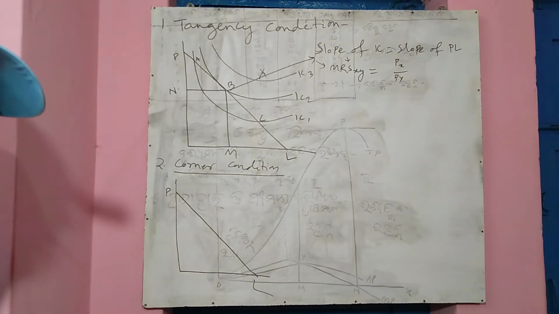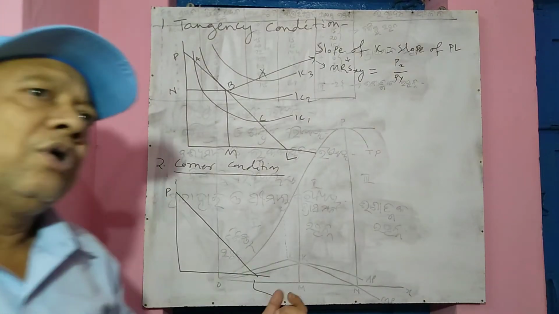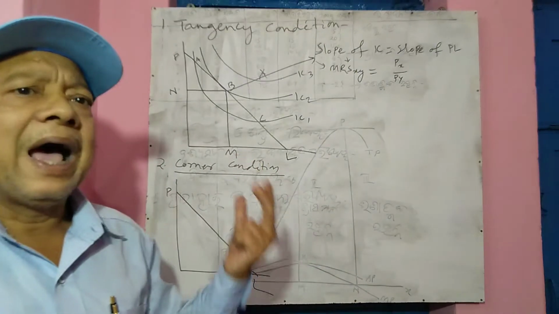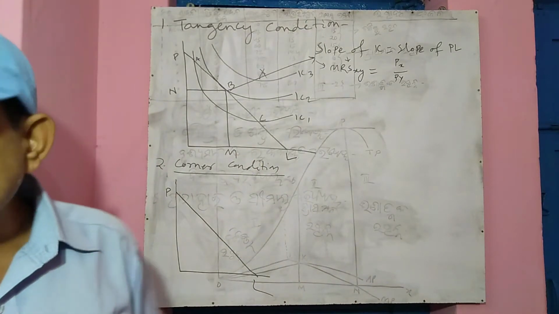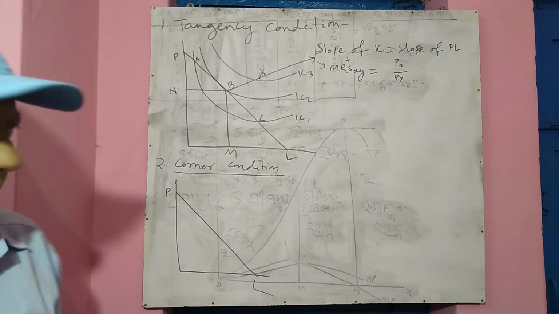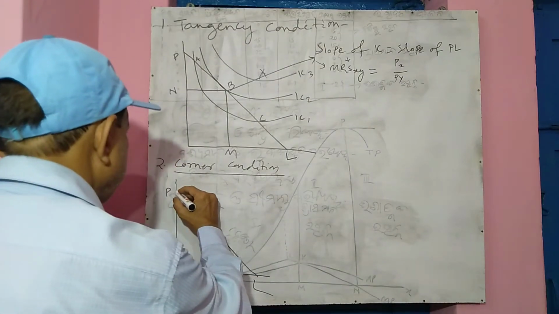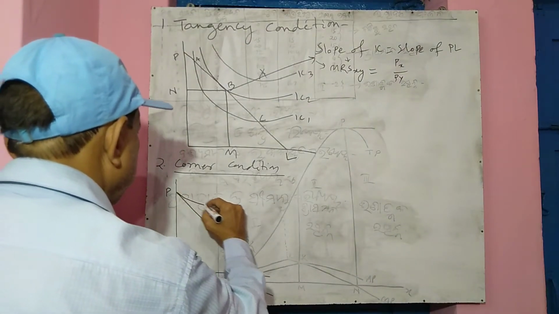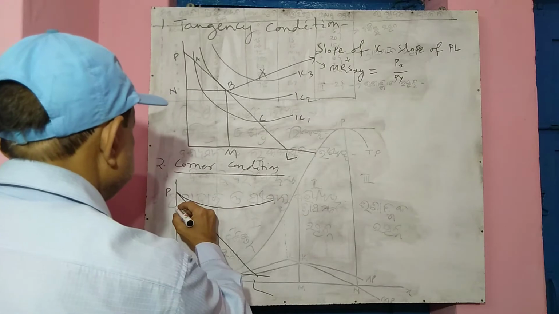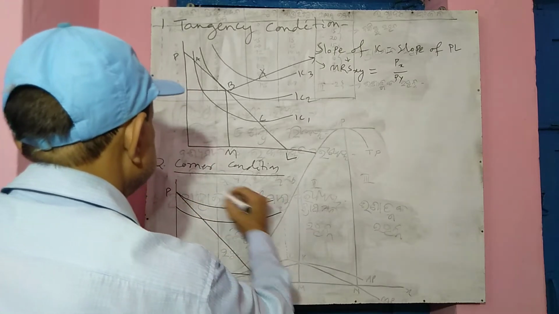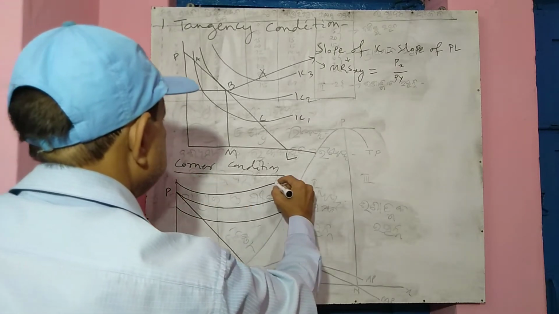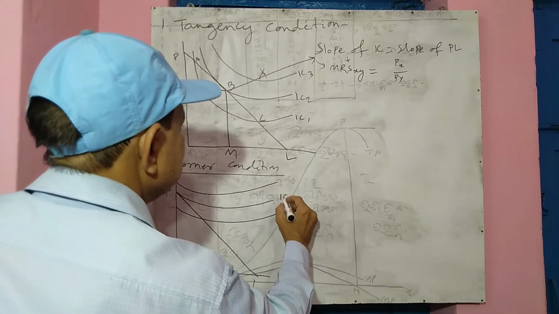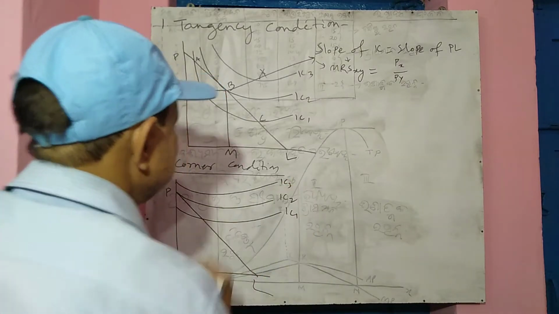Now if this is the PL, let's draw 3 ICs. This is IC1, this is IC2, this is IC3.